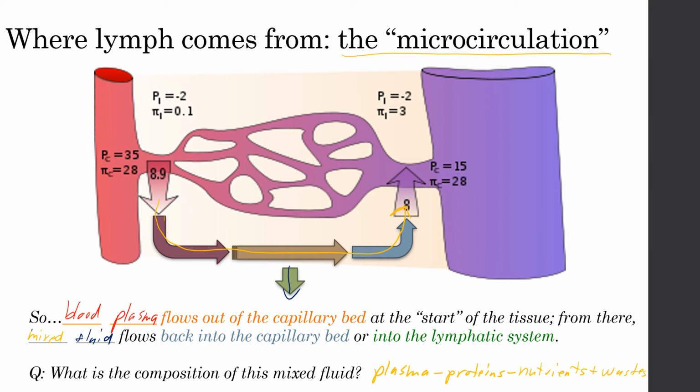It's also going to gain, and in the somewhat more disturbing category, pathogens that might have been in this tissue. If we had little bacteria or virus particles in this tissue, they would get mixed in with this fluid and sucked either back into the blood, or they would get sucked into the lymph.